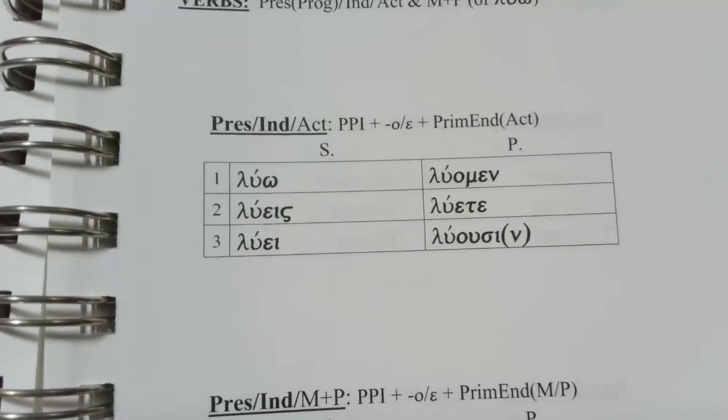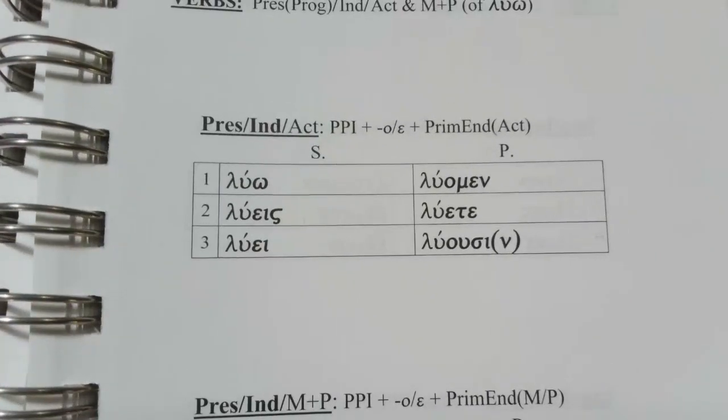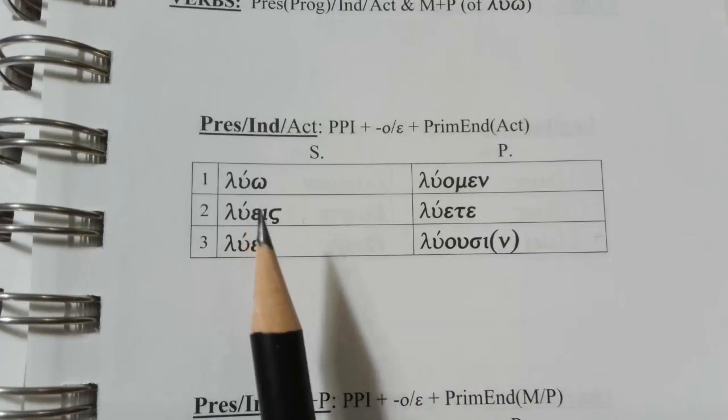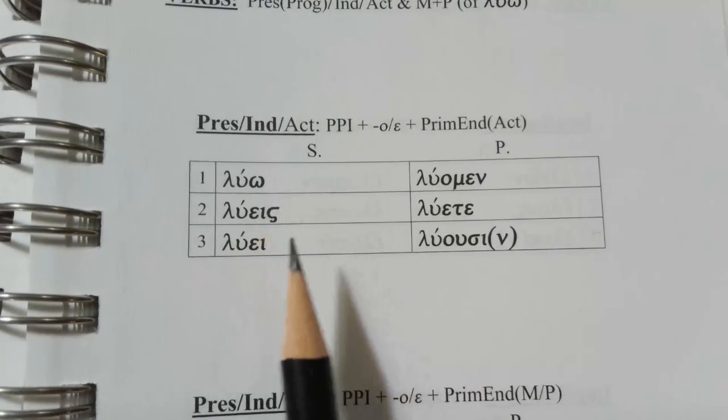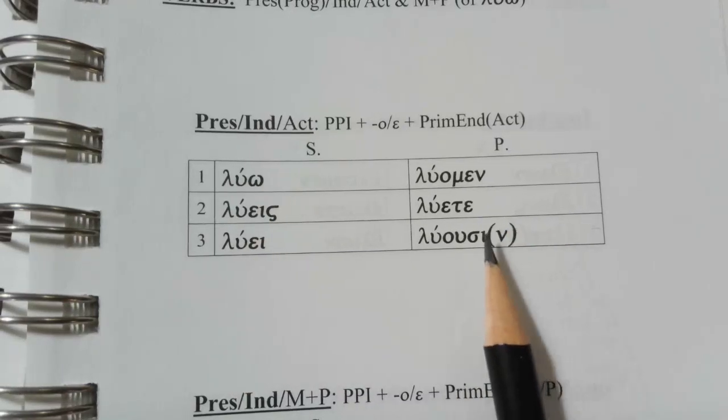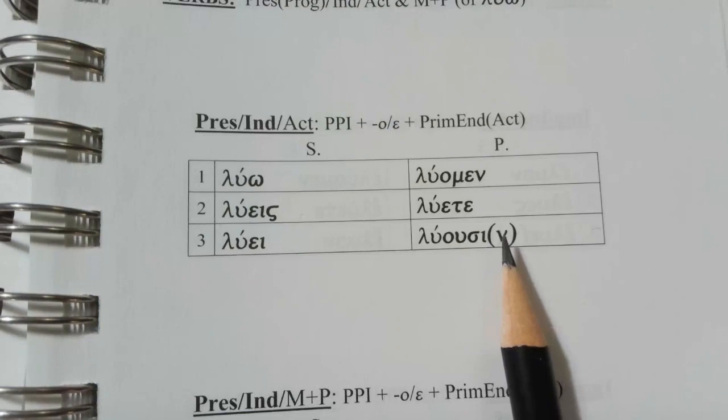So here we have the present indicative active. This handbook uses lu, to loosen, to destroy, as its sample verb. But that's the same idea as pau, just the same personal endings. So present tense: o, es, e, omen, ete, usi. This is present tense, I loose.